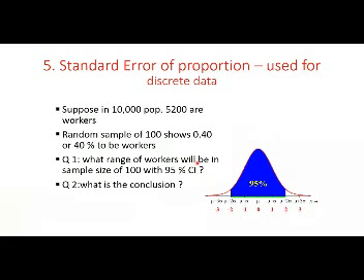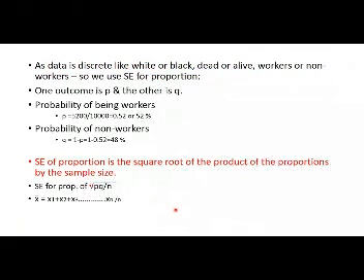We take a random sample of 100, which shows 0.40 or 40% to be workers. A question is, what range of workers will be in a sample size of 100 with 95% confidence interval, and what is the conclusion? Now the data is discrete, like white or black, dead or alive, and workers or non-workers.